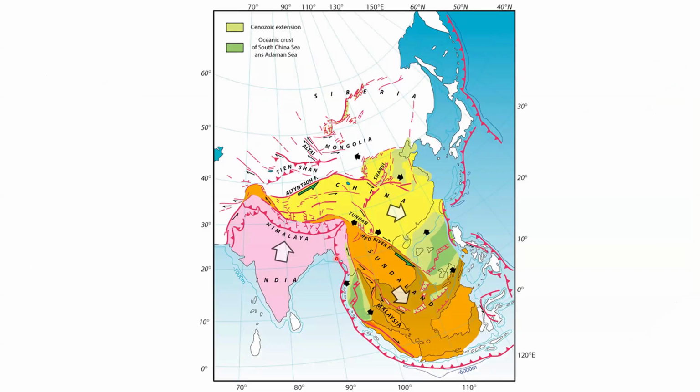Overall, the important thing in understanding the tectonics has to do with India, which has been moving northward, colliding with the Sunda area called Sundaland here over the past probably 50, 60, 70 million years.